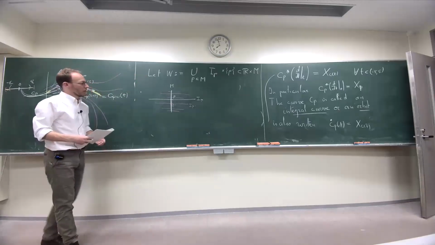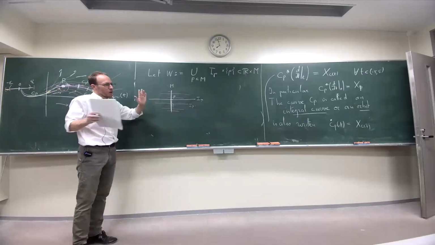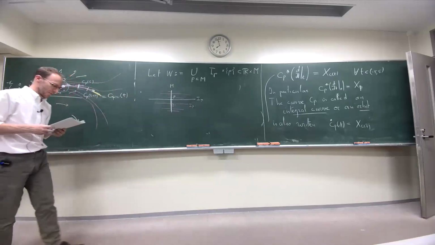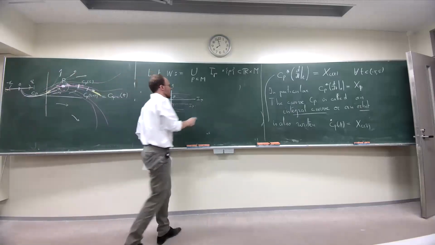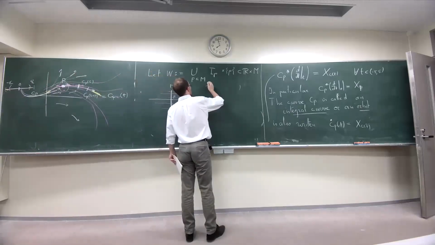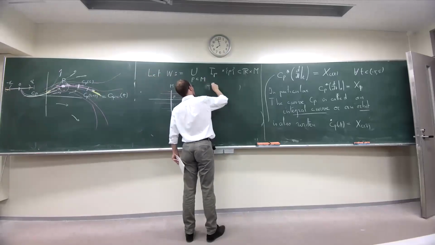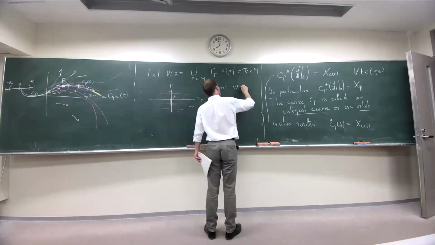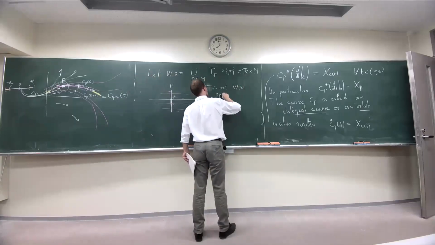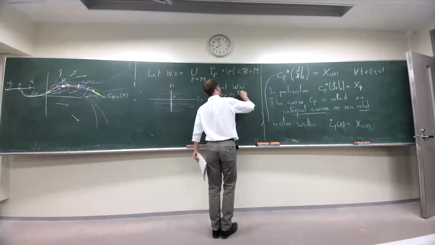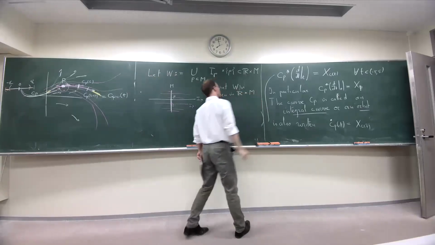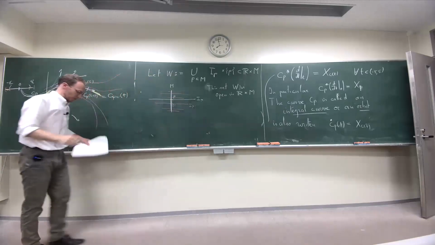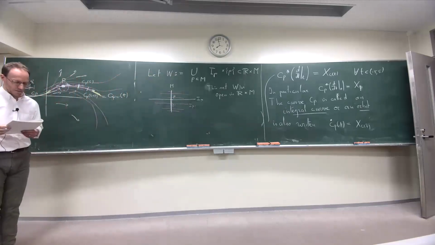But of course, if you make a more complicated manifold, the picture is more complicated. And it turns out that this set W is open in R times M. Why? Because each interval is an open set, but this is not so important.